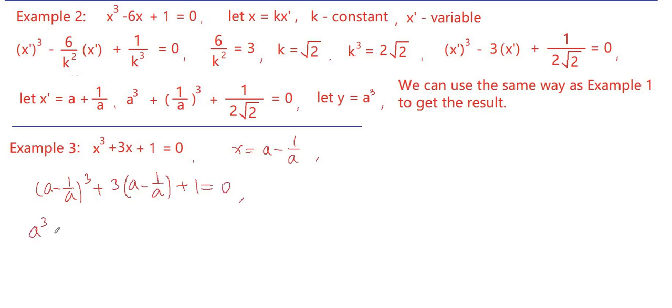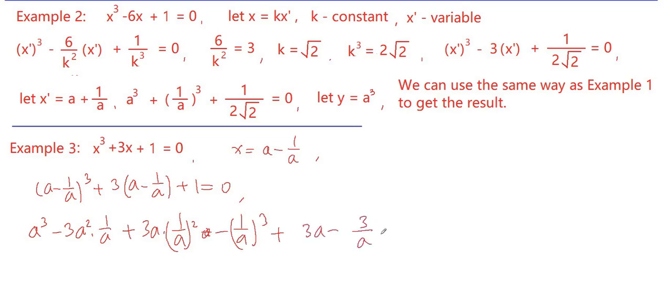And a cube, 3a square, 3a, 1 divided by a square, minus 1 divided by a cube plus 3a minus 3 divided by a plus 1 equal to 0. And same thing, 3a is off.